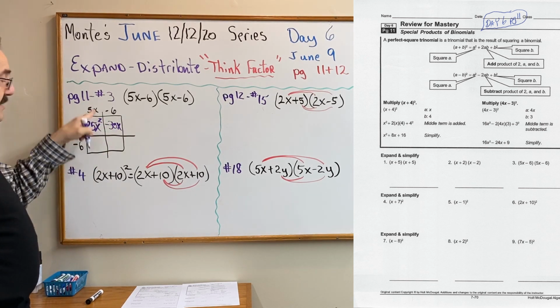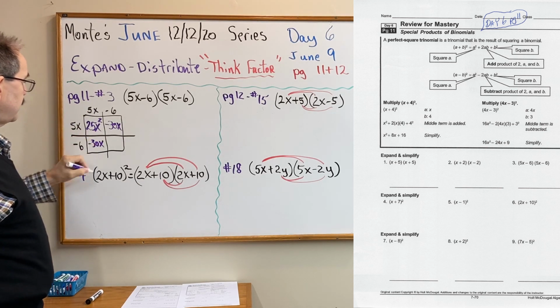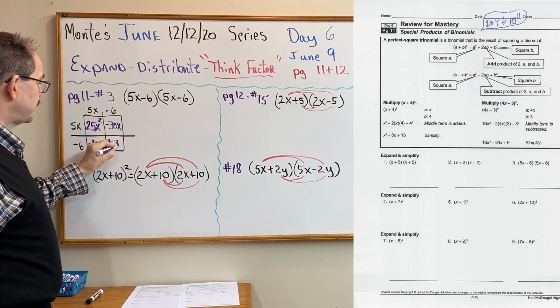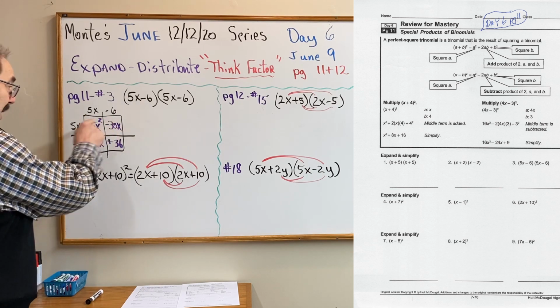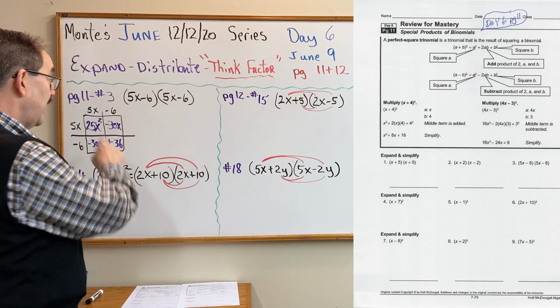Negative 6x times 5x, negative 30x. Negative times a negative is a positive. 6 times 6 is 36. The area model works because now we have filled in all the boxes. We didn't miss any pieces. Add them all up.